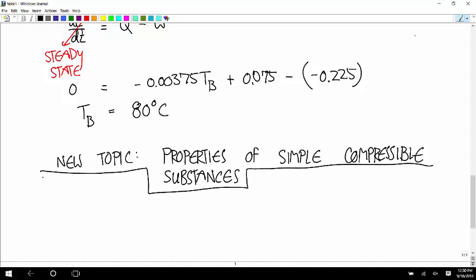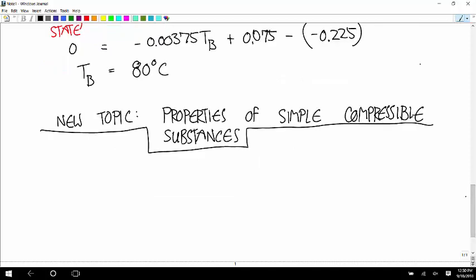And a simple compressible, well, the basic idea, what we're trying to do in this whole section is we're trying to find mathematical relationships between properties.